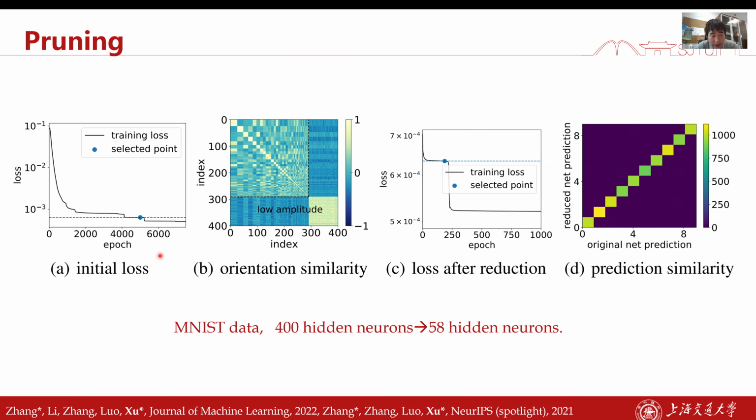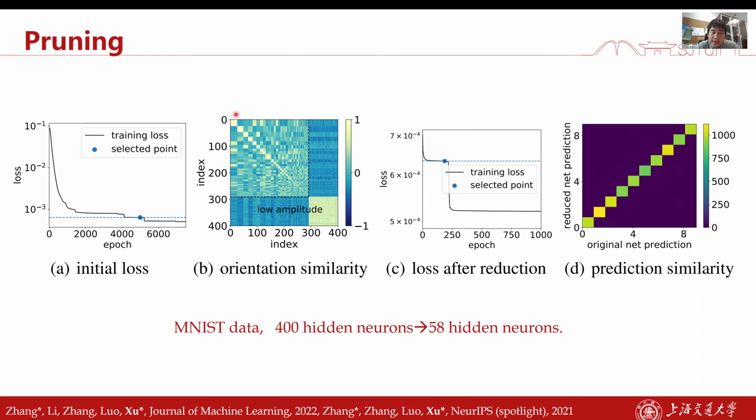Since in the condensation case, several neurons can be equivalent to fewer neurons, we can do pruning. Here's a very toy example. We use a 400-neuron two-layer network to fit these data points. This is the training loss, and because we use a very small initialization scale, there is a plateau here. We take out this point and examine the cosine similarity of the input weights of different neurons.